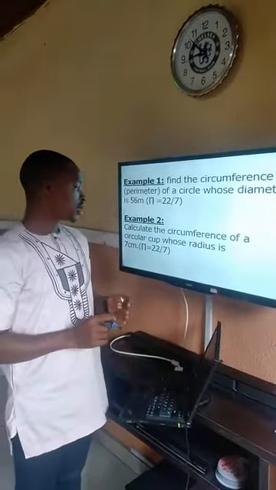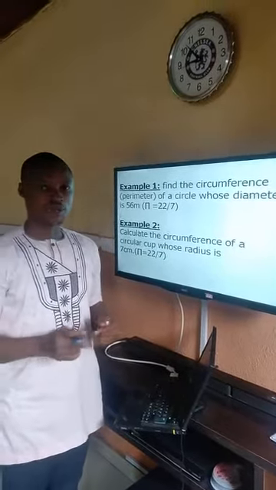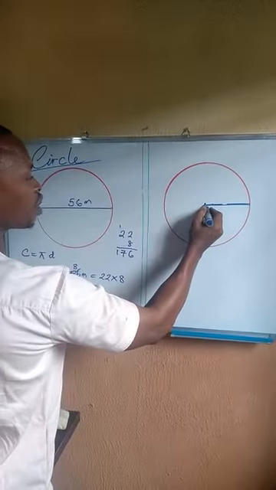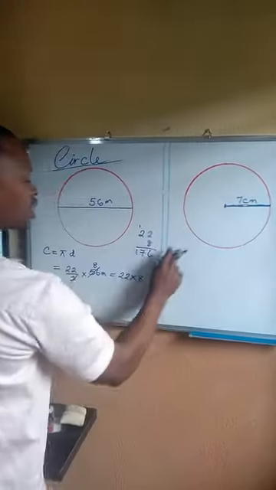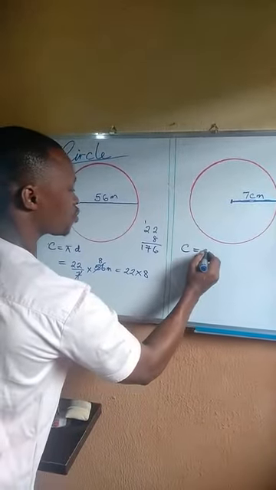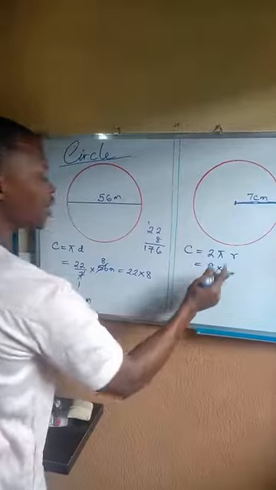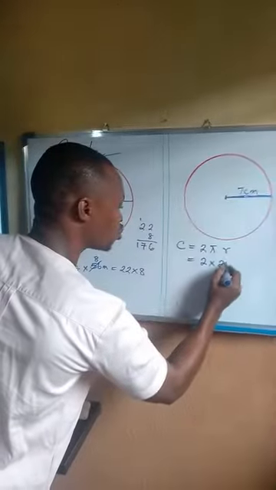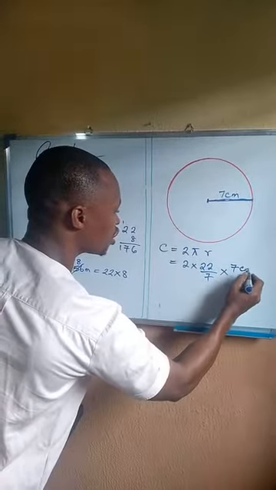Example 2 says, calculate the circumference of a circular cup whose radius is 7 centimeters. Alright, so you have that the radius, which is the distance from the center of the circle to any part of the circumference, is 7 centimeters. Since radius is given, we have that circumference is equal to 2 pi r, which is 2 times our value for pi, 22/7, times the radius, 7 centimeters.